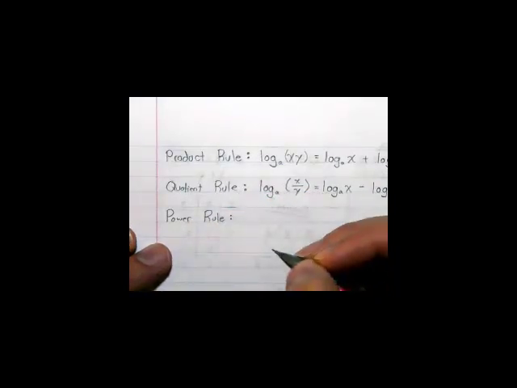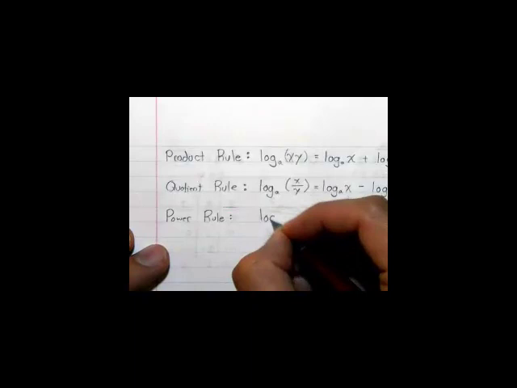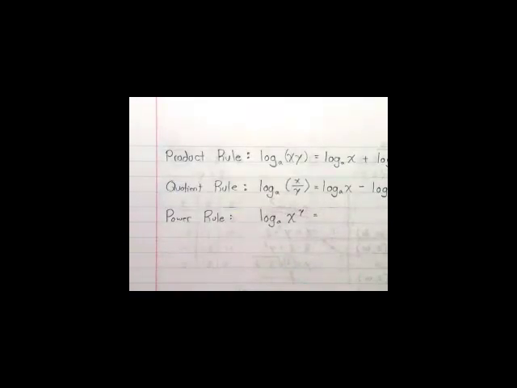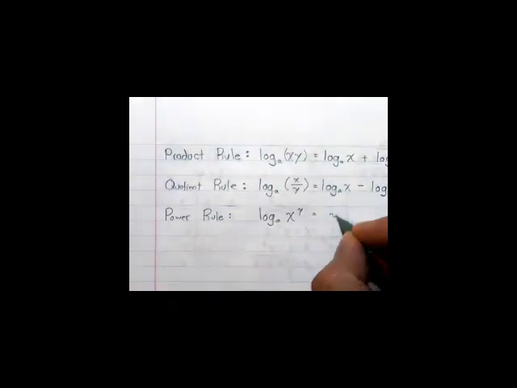And this one was log base A x to the y. Anybody remember what we can do with that? If we have a log of something raised to a power? We can bring the power down and multiply.